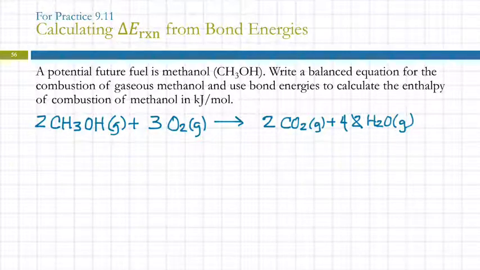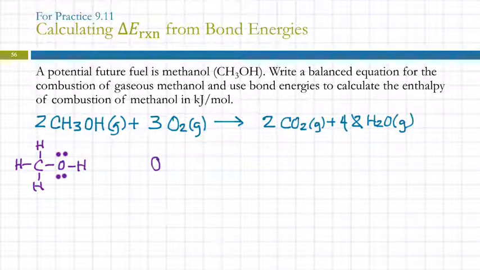So let's do this in a different color. The carbon is going to be bonded to 3 hydrogens, and we have an oxygen and a hydrogen over there. And then there would be lone pairs just to fill things out. It's not absolutely necessary to look at the lone pairs, but in order to get a good Lewis structure, you're going to need those.